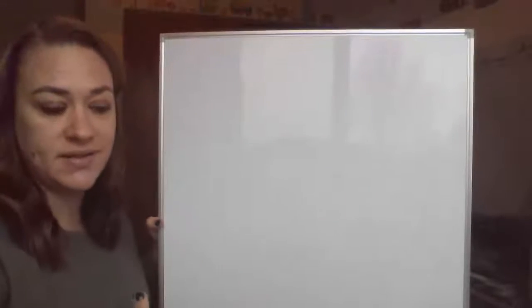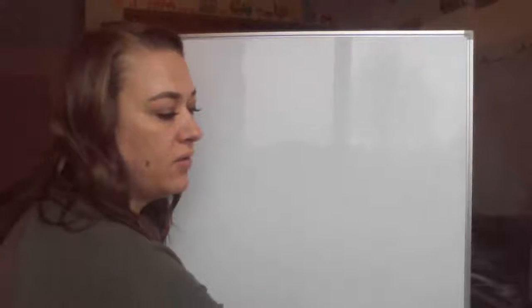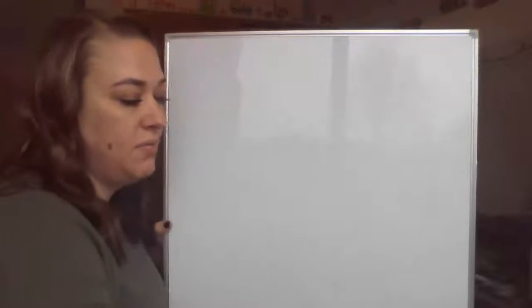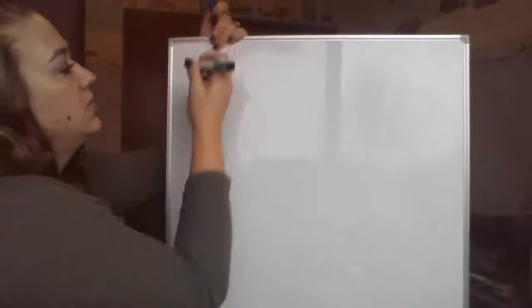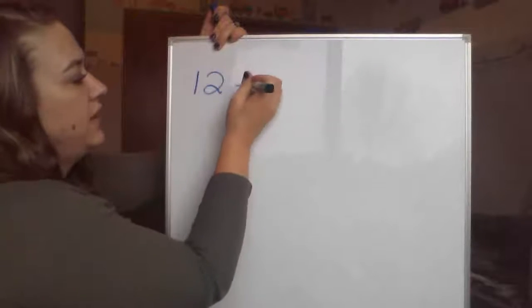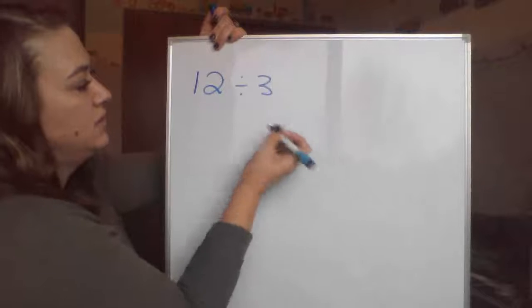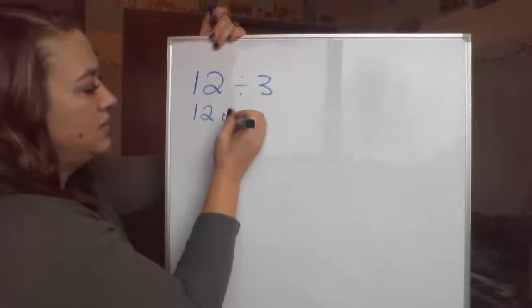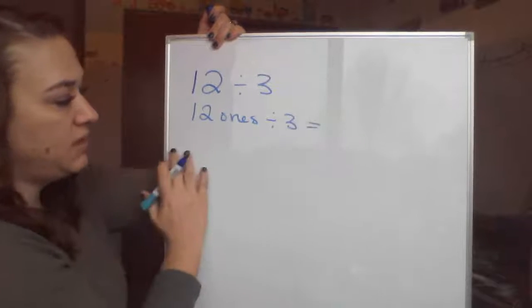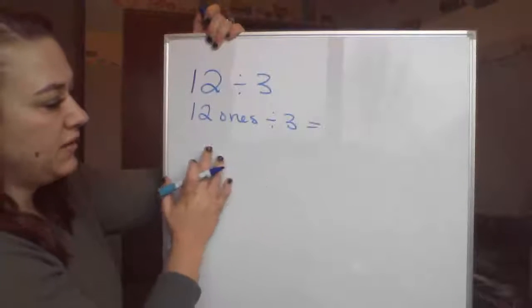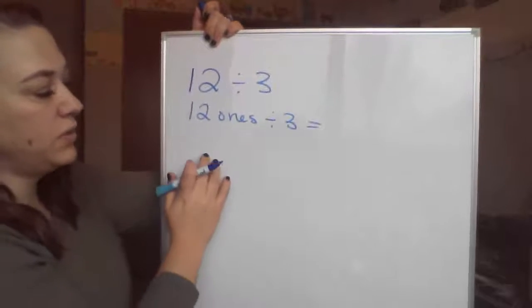Okay, so we are going to do a sequence and watch how all 3 of the problems are connected, but we're going to go up by tens, hundreds, and thousands. Okay, so we're going to start with 12 divided by 3. So I have 12 ones divided by 3. We can make place value disks to represent what we're working with.